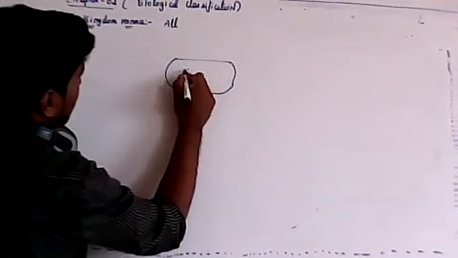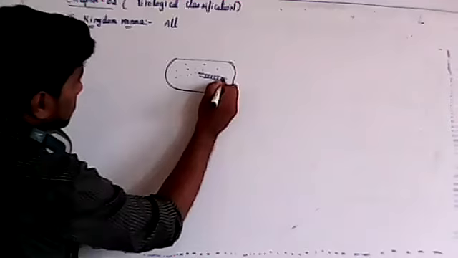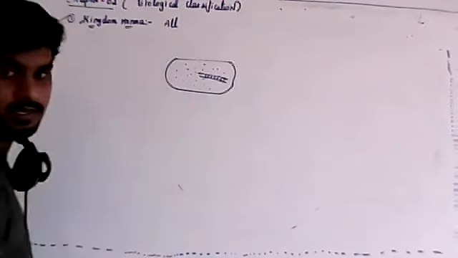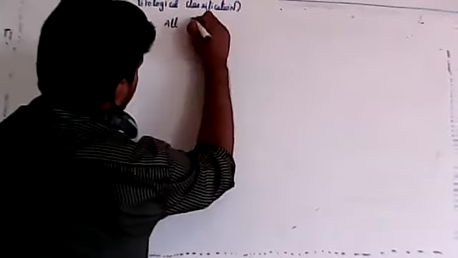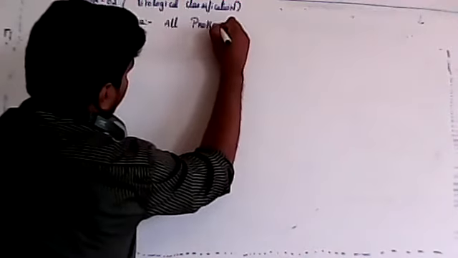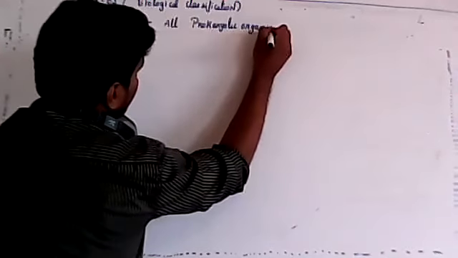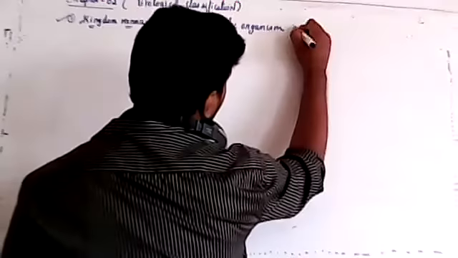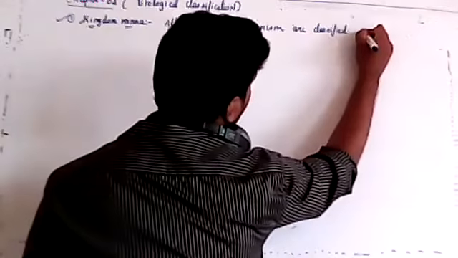They only have DNA and cytoplasm, with the DNA freely floating inside the cytoplasm. Organisms wherein the nuclear membrane is absent come under kingdom Monera. All prokaryotic organisms are classified into kingdom Monera.